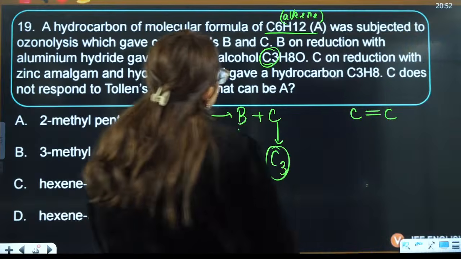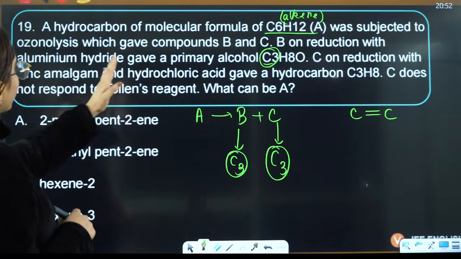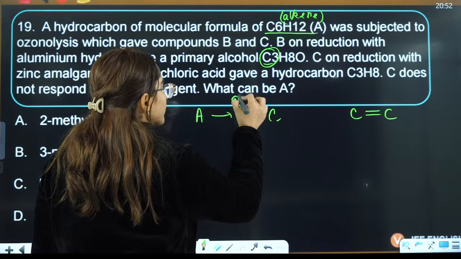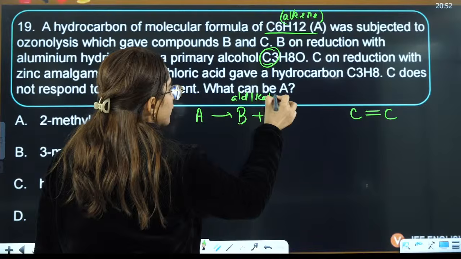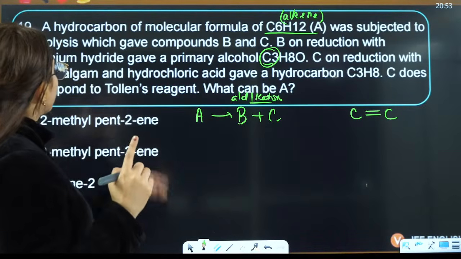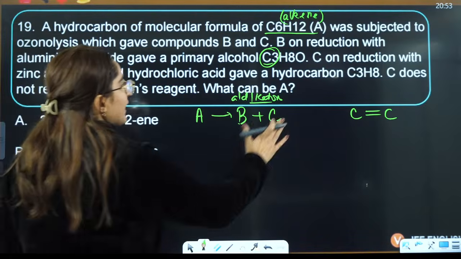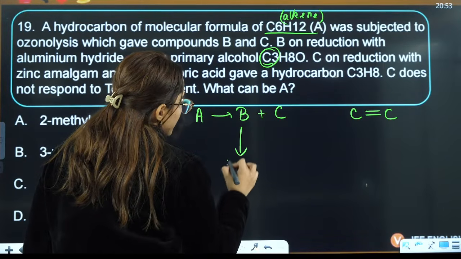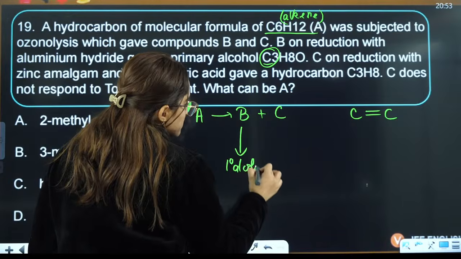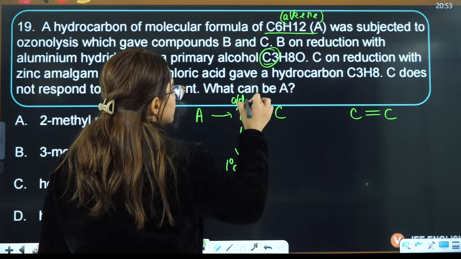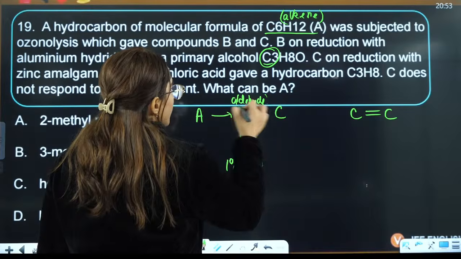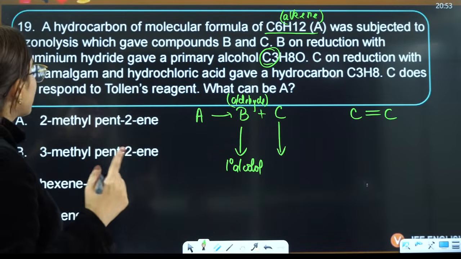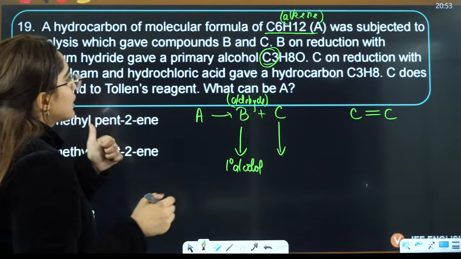We know that on ozonolysis either an aldehyde will be formed or a ketone will be formed. So if something is giving you a primary alcohol, that must be an aldehyde. If B gives a primary alcohol, this must be an aldehyde. And C on reduction with zinc amalgam, that is Clemmensen reduction, gives you a hydrocarbon.